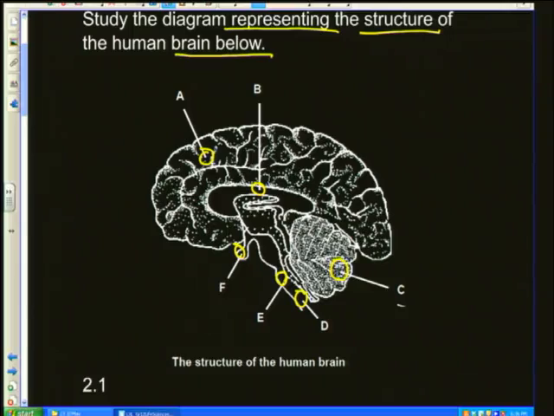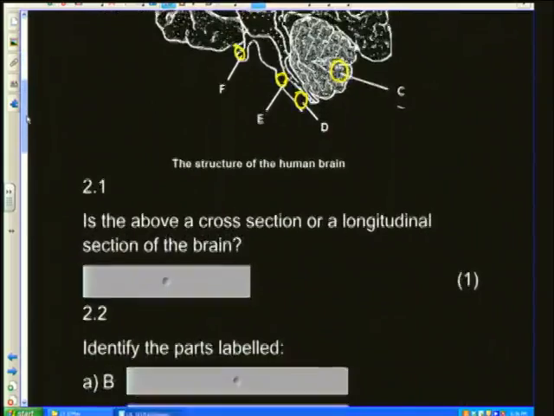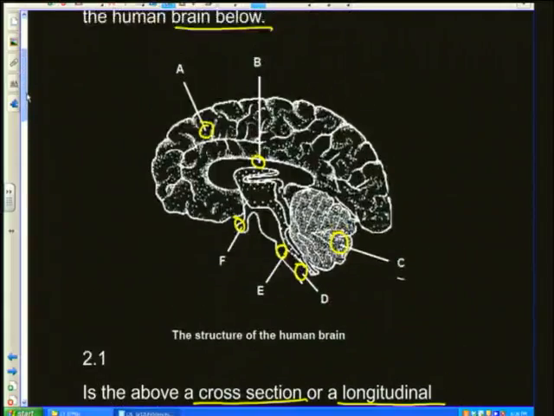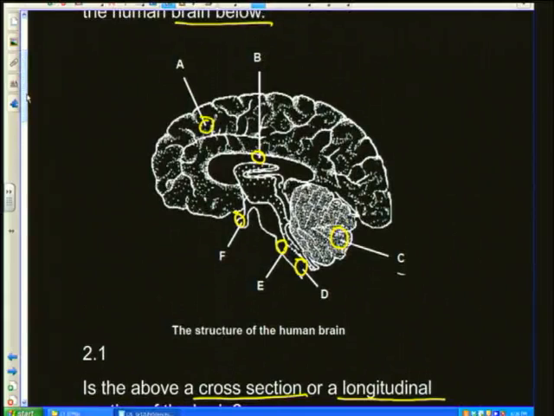Okay, now let's see. The structure of the human brain, it always gets labeled. First question. Is the above a cross-section or a longitudinal section of the brain? Now, what is the difference between cross and longitudinal? If you had a look, Looney, which one would you say is which?